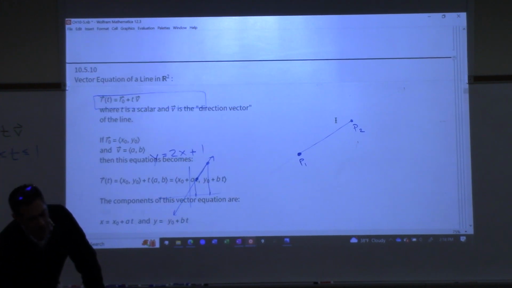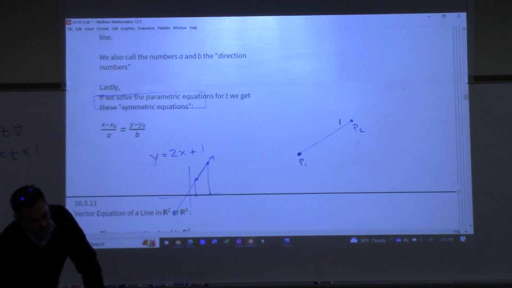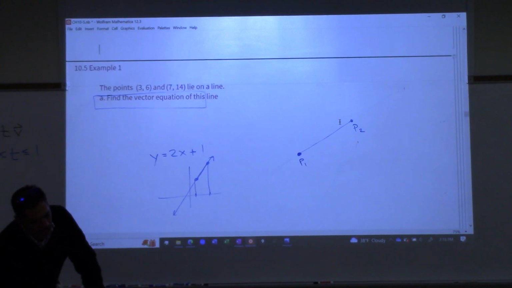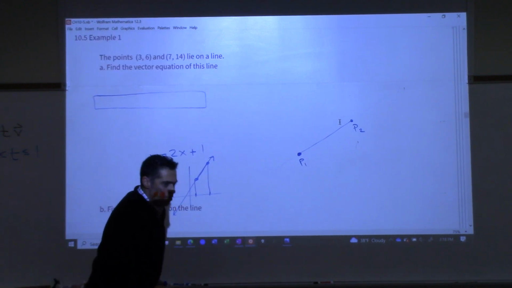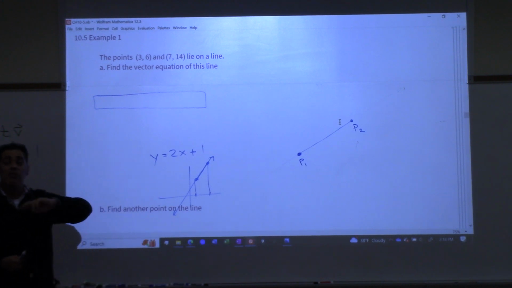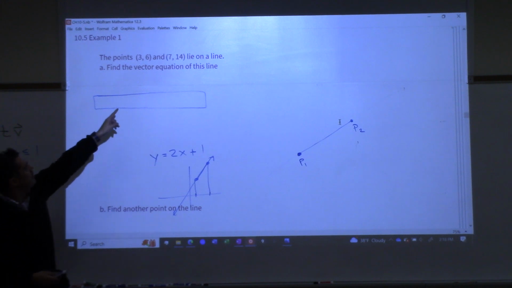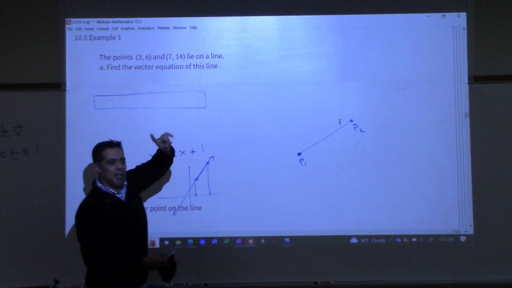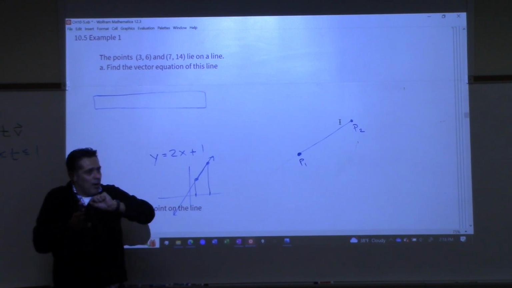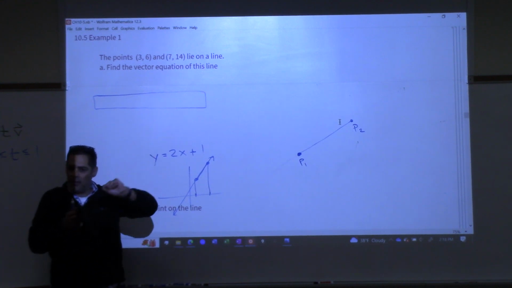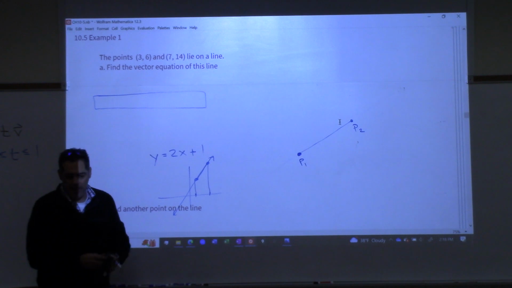If you go back to the first example we did, do you remember when I said, let's create more points? When we plugged in 0, we got our first point. When we plugged in 1, we got the second point. So all the numbers in between would create all the points connecting the 2 points together. So that's the idea.